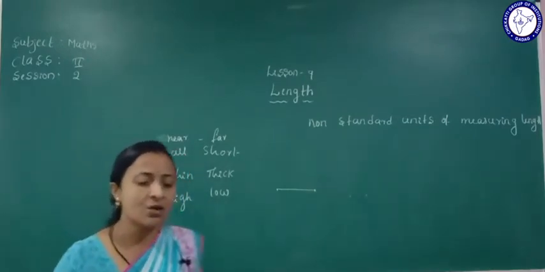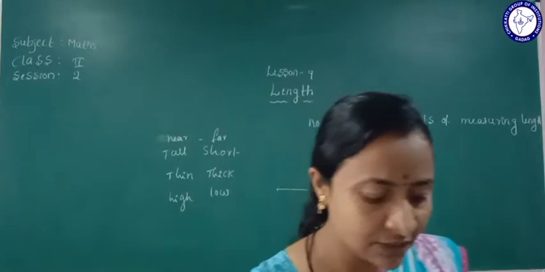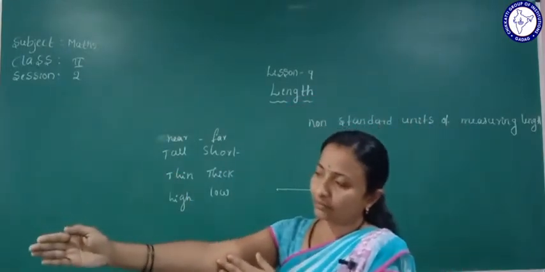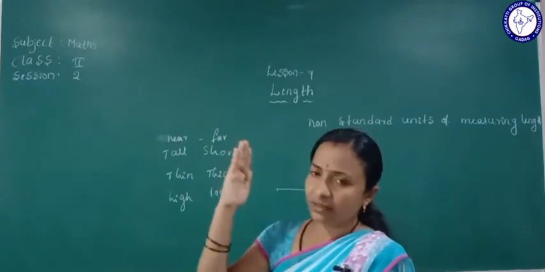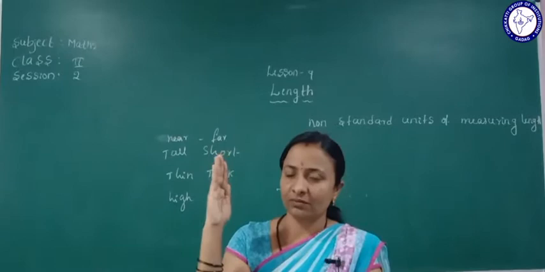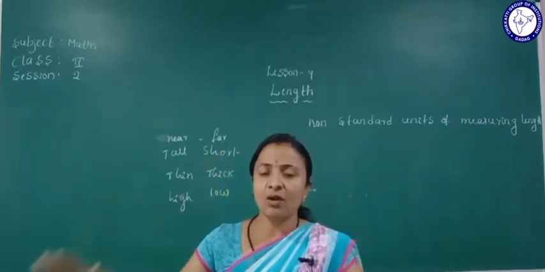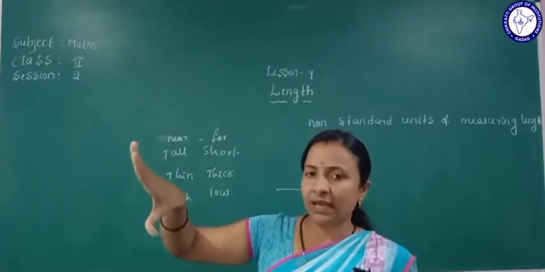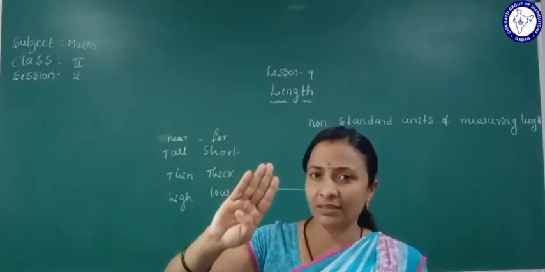Next, from here to here, from here to here, this we call 1 cubit. So we have 1 cubit length, 1 fathom length, 1 hand span length, and 4 finger length.